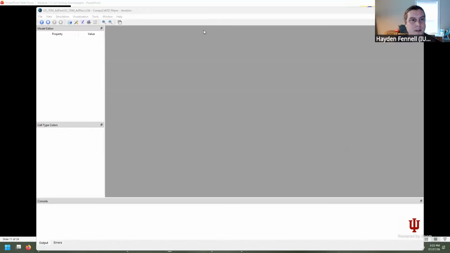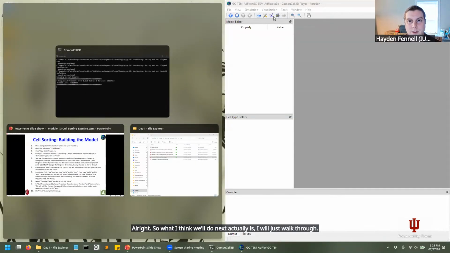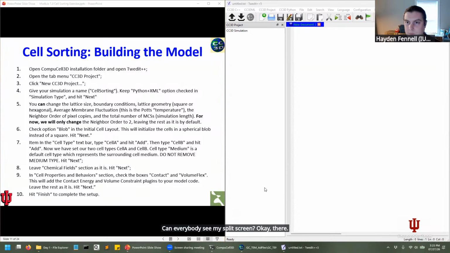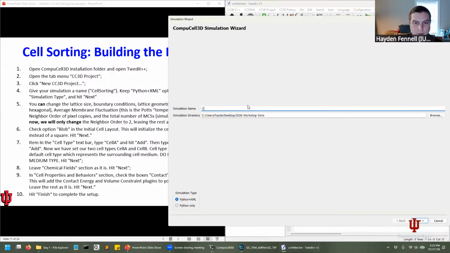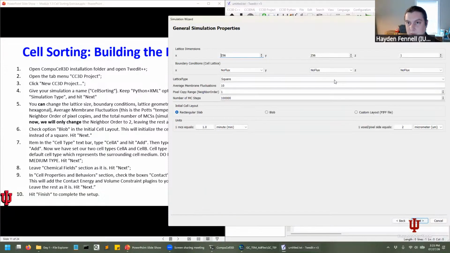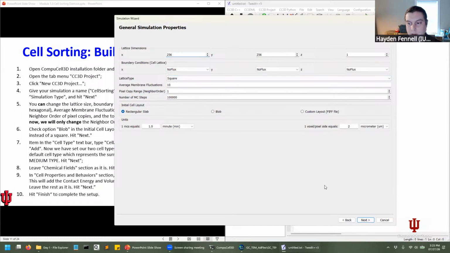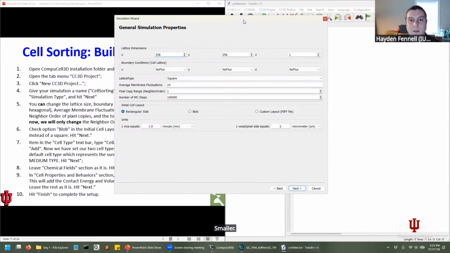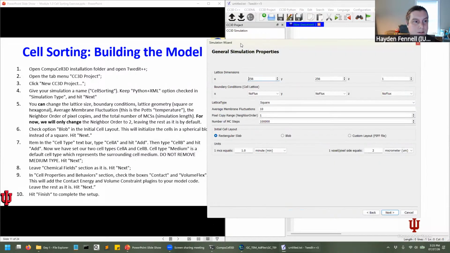All right, so what I think we'll do next is I will just walk through these instructions. We'll go to new, make a new simulation. Here we have our general simulation properties.